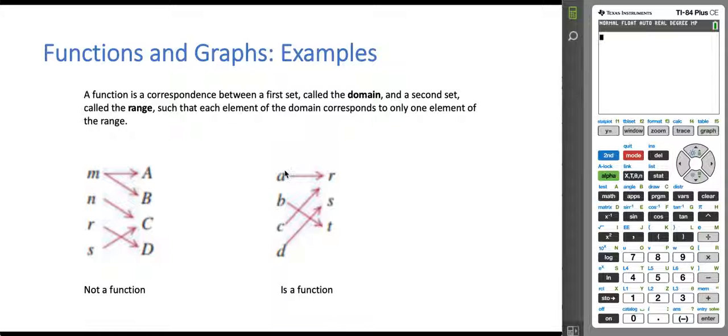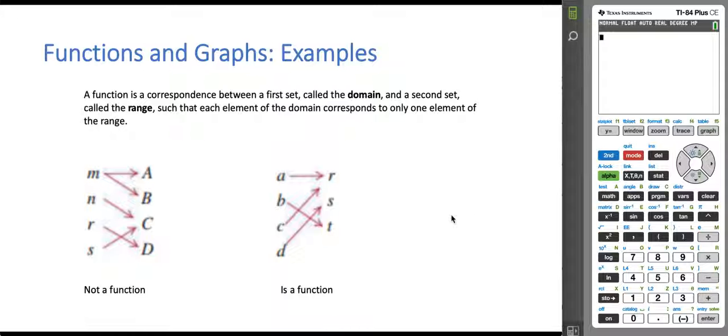So basically what you're looking for is, you look at this first set and see if there's any element that has two arrows coming from it. And if there are two arrows going to different values, then that is not a function. Here, every element in the first set has only one arrow coming from it. So that's how we can identify that it is a function.